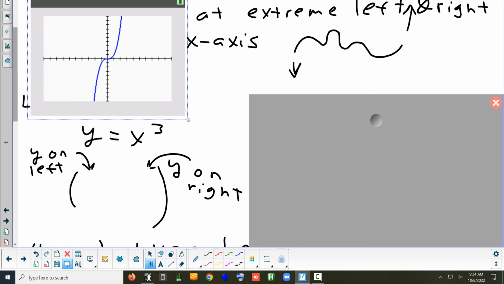To describe the end behavior, you have to tell me what's happening to the y values on the left side. Are they going up or are they going down? What's happening to the y values on the right side? Do they go up or do they go down? What's happening to the y values as you keep traveling to the left in this graph?